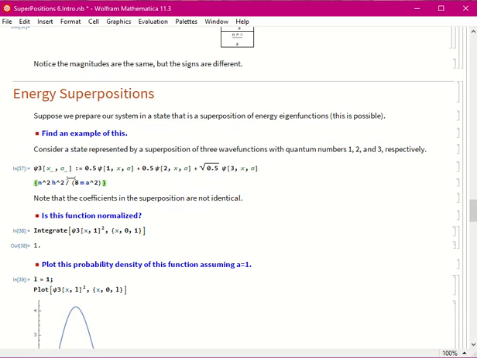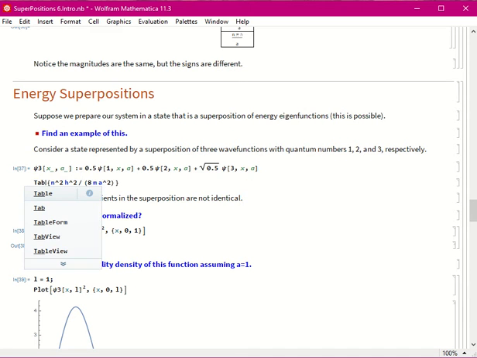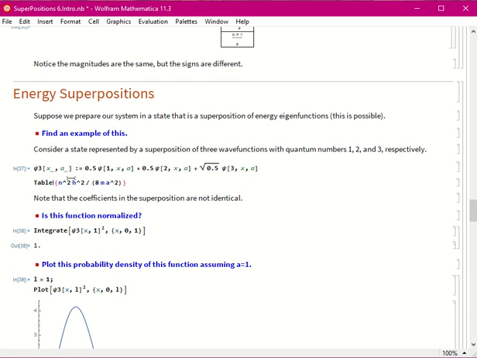We'll use the table function to generate this for n equals 1 to 3.